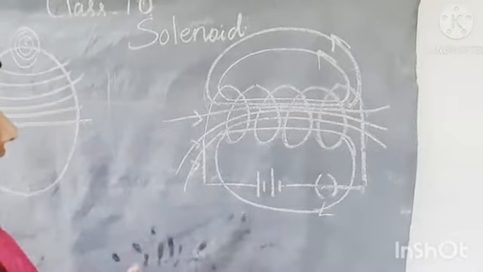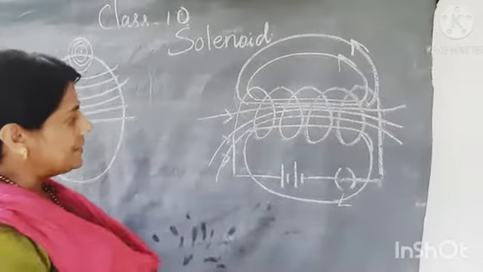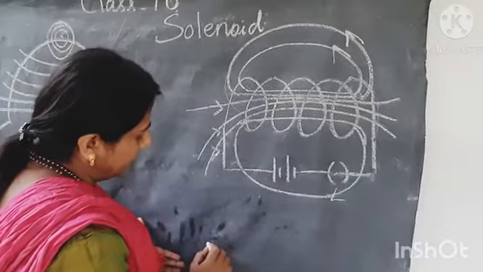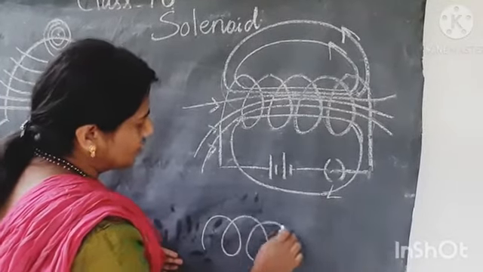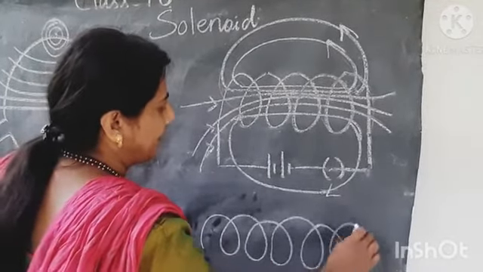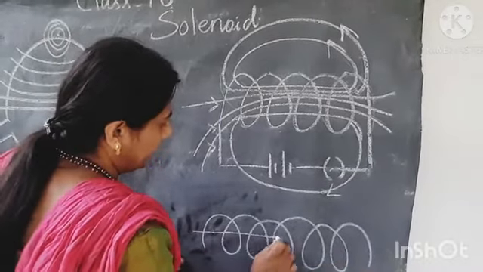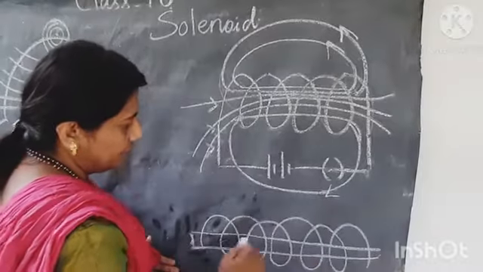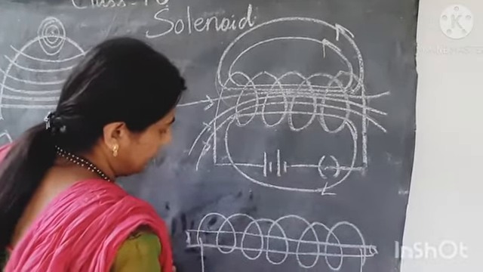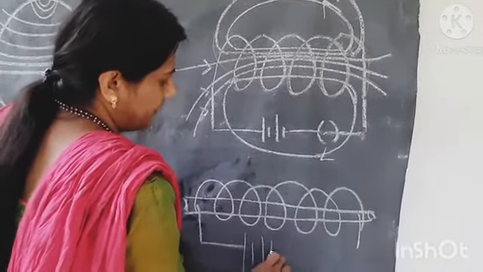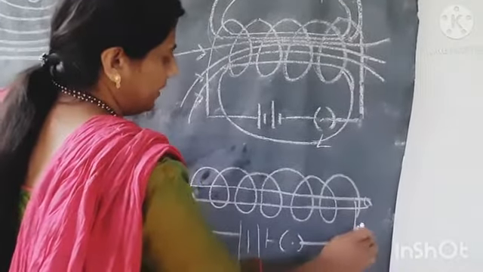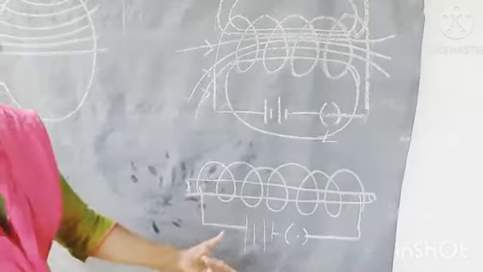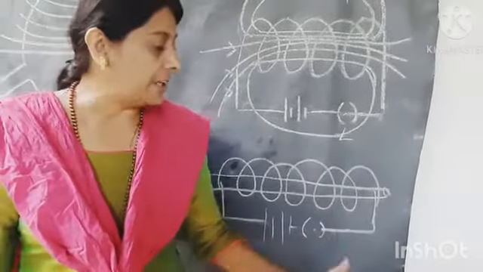Now, what is an electromagnet? When a number of turns of insulated copper wire are wrapped on a steel rod or iron rod, and both ends are connected to the battery, it is an electromagnet. You know the uses of electromagnets.